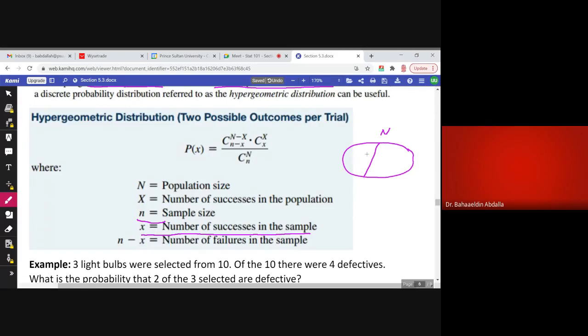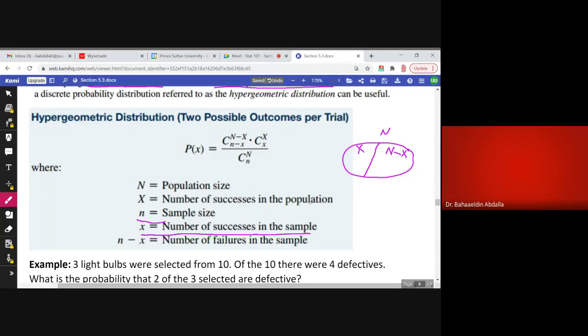And the number of elements in this group is capital X, okay? So we can say that capital X is the number of successes in the population. And the number of elements in the other group, of course, would be capital N minus capital X.